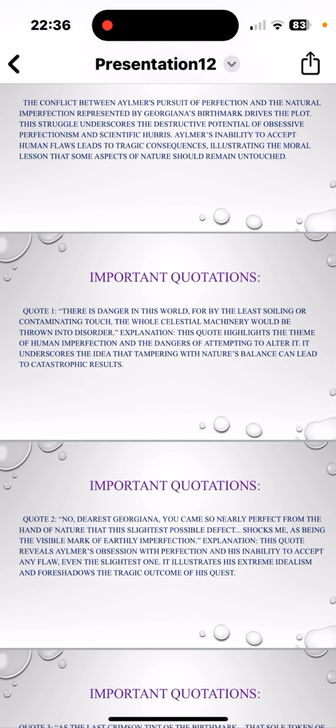So I've got some important quotations. "There is a danger in this world for by a least soiling or contaminating touching the whole machinery would be thrown into disorder." The explanation for this quote is that it highlights the theme of human imperfection and the dangers of altering it.